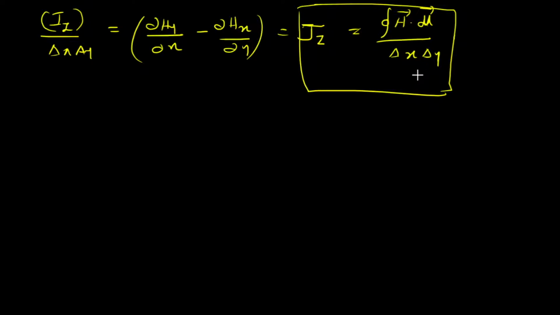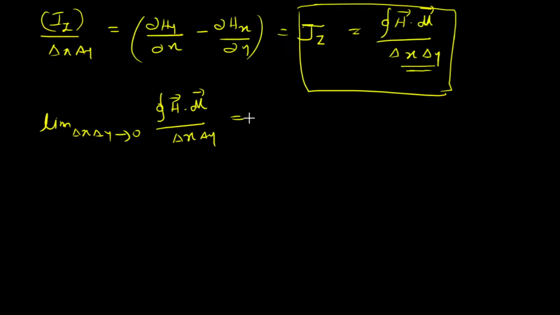That means this delta x delta y is basically very small. So I can write that when this delta x delta y tends to 0, closed integral H dot dl divided by delta x delta y is better Jz.